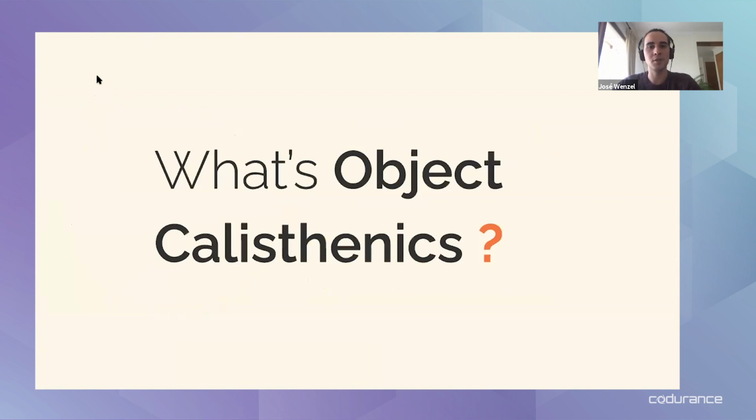So what I'm going to talk about today is object calisthenics. Object calisthenics are a programming exercise. Basically, it's a way of programming and exercising your design skills. They were formalized by Jeff Bay in his book, The ThoughtWorks Anthology.